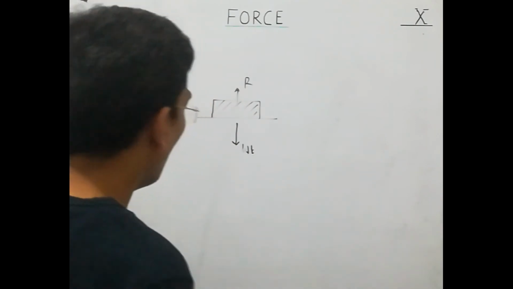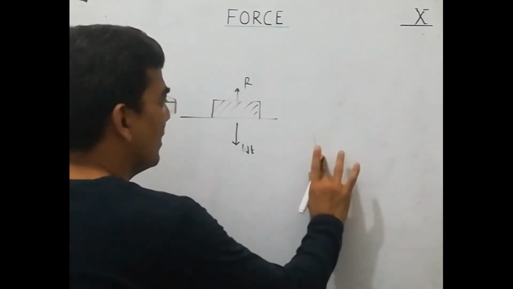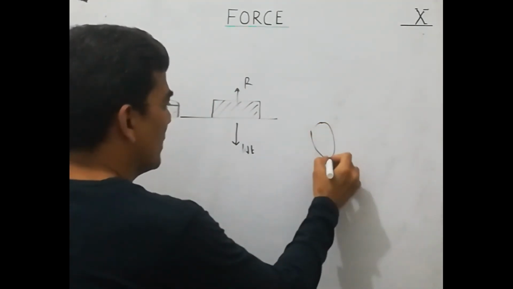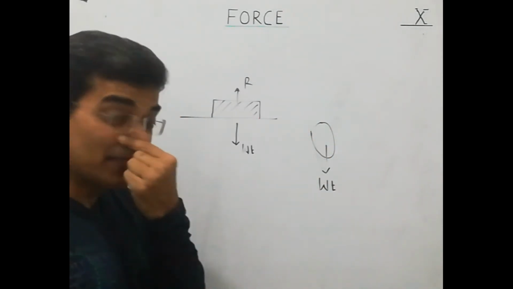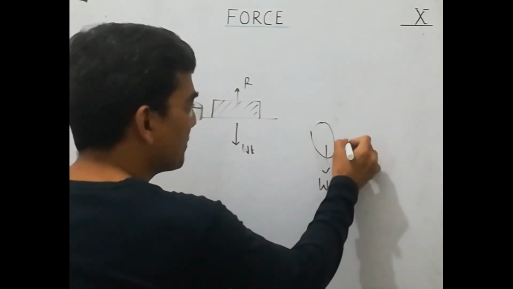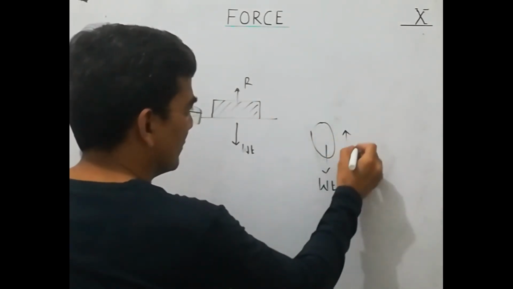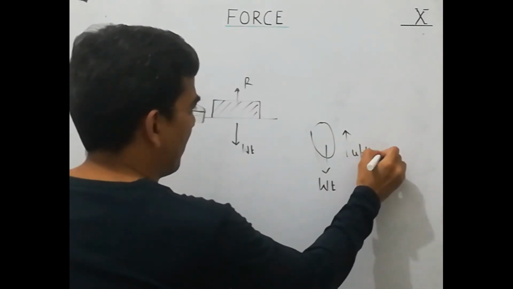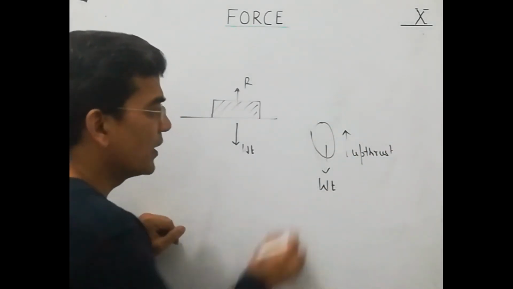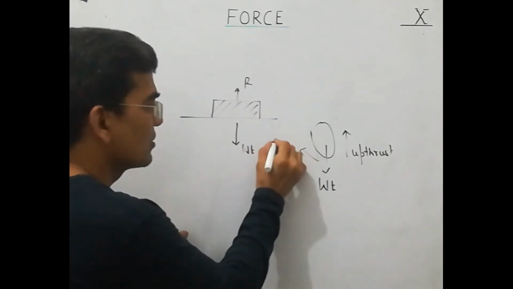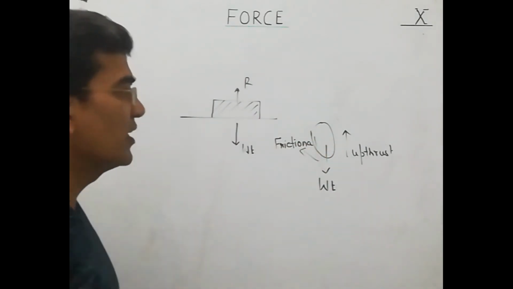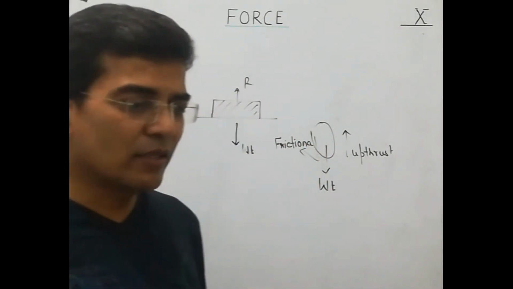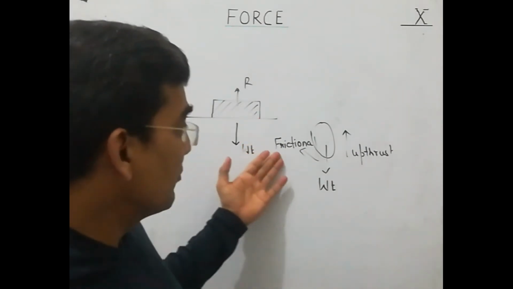See the three forces acting on the raindrop. This is considered a raindrop. One is its weight, which acts in the downward direction. One is the upthrust. And the other one is the frictional force, the frictional force of air, or you can say the frictional force of viscosity.